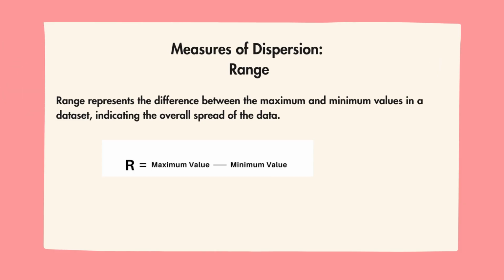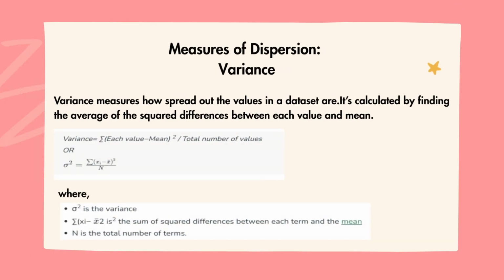grouped together. Now let's understand variance, which measures how much the data values spread around the mean. Variance is calculated by taking each data value, subtracting the mean, squaring that difference, and then finding the average of those squared differences. The formula for population variance is written as sigma squared equals summation of xi minus x bar whole squared divided by n.